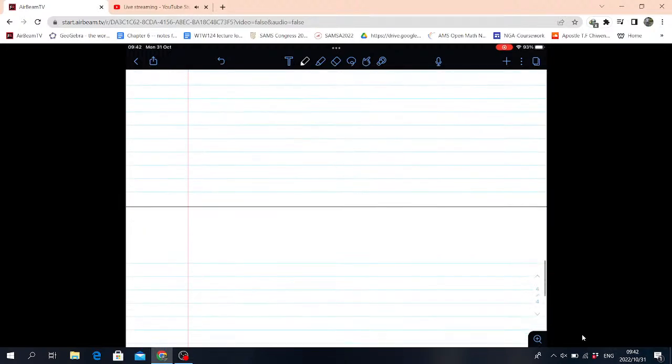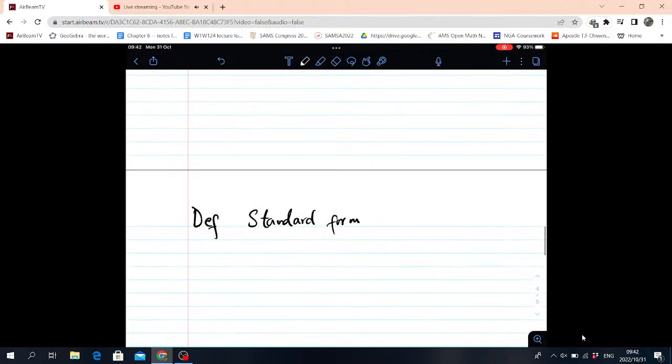So again, we start off with our definition. So we've got the standard form of a complex number, which is z is equal to x plus yi or iy, whichever you prefer. I don't think there's a problem there. And then polar form, z is equal to r (cos theta plus i sin theta).